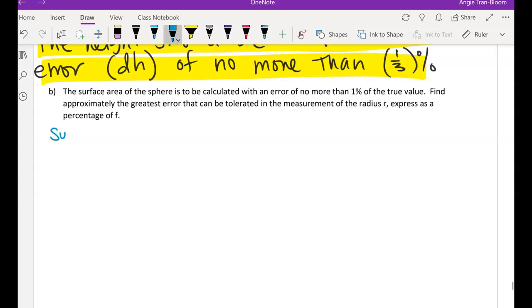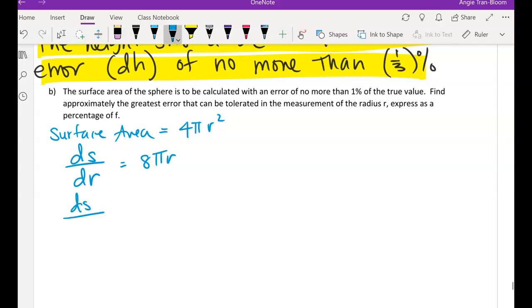That means the surface area of the sphere is going to be 4 pi r squared. I'm probably going to need to do the derivative with respect to r. So let's take care of it. That's 8 pi times r. Let's solve for ds. So ds equals 8 pi r dr. All right, let's leave it alone.